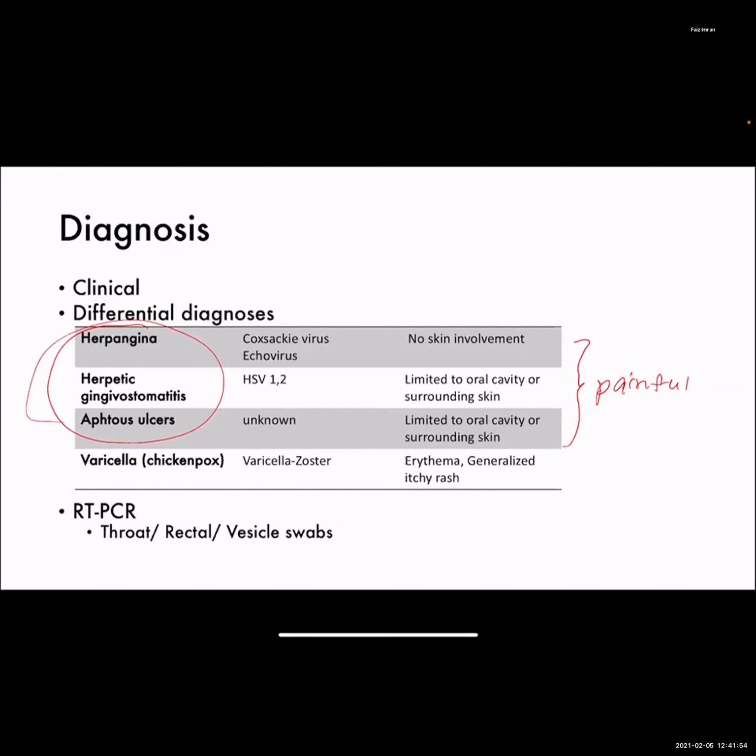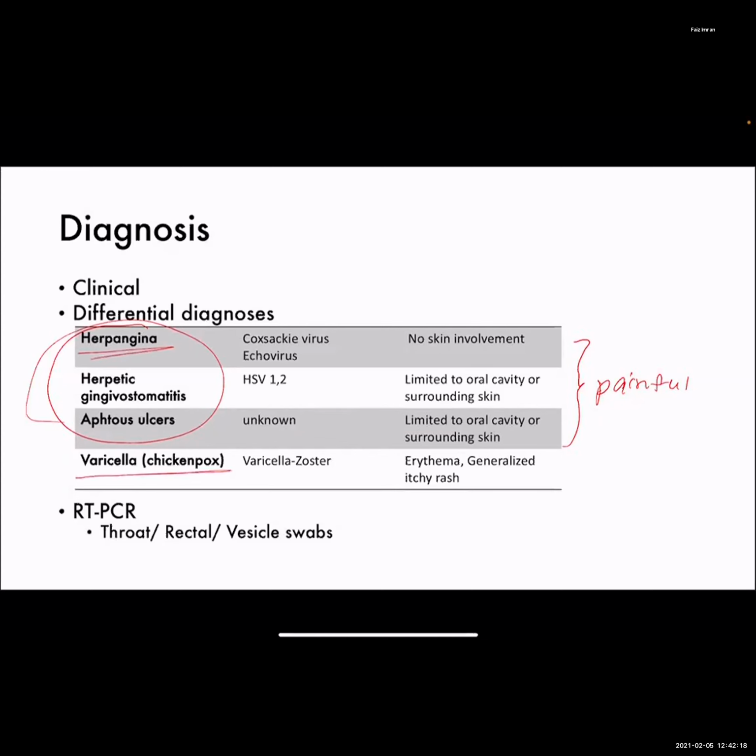When HFMD presents with only enanthem, it's quite hard to differentiate between HFMD and herpangina, herpetic gingivostomatitis, and aphthous ulcers. Aside from being very painful, you can look into those diseases' associated symptoms to make the differential diagnosis.